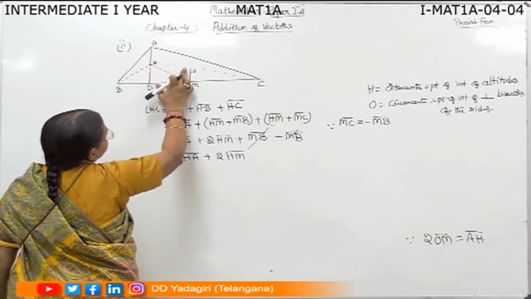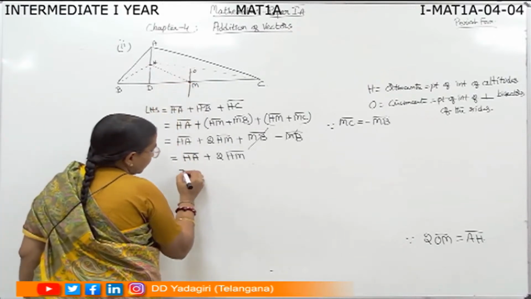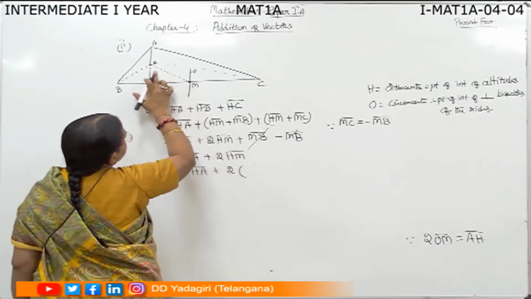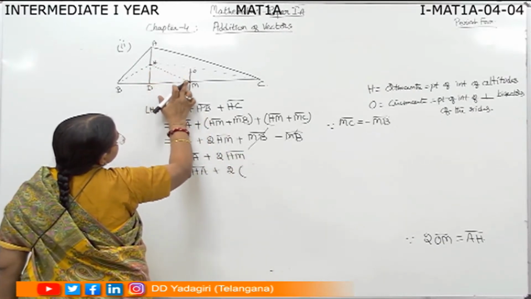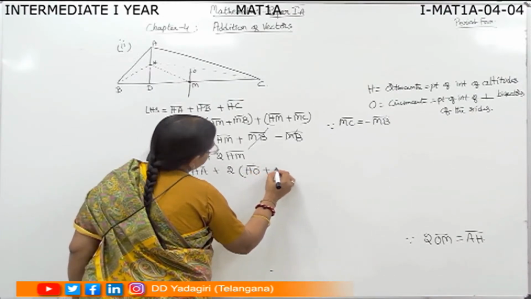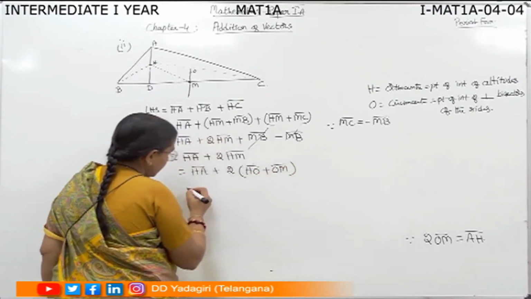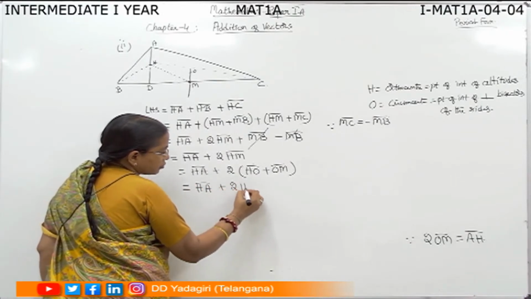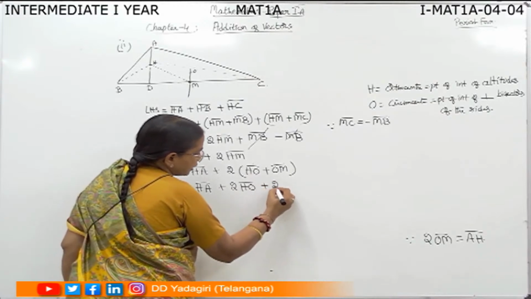HM is equal to HO plus OM, from again triangle law. So this is HA plus 2 times HO plus 2 times OM.